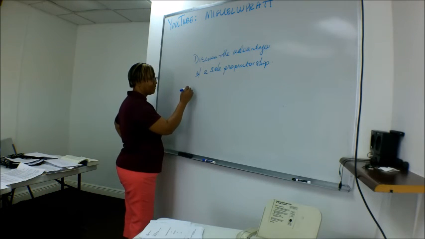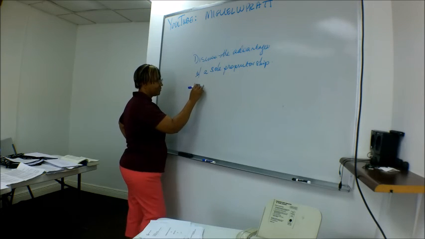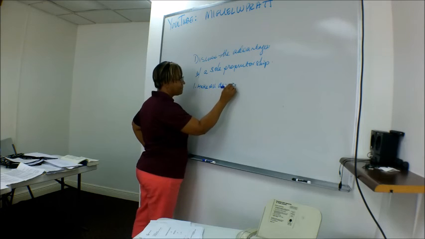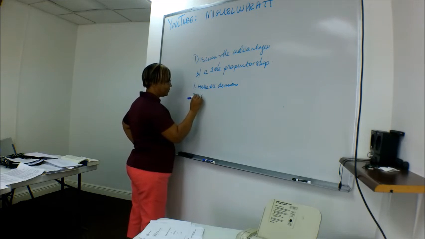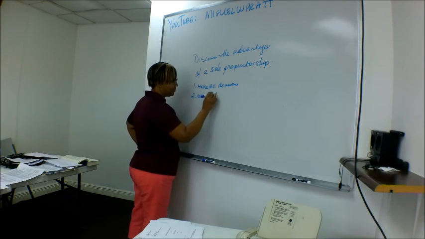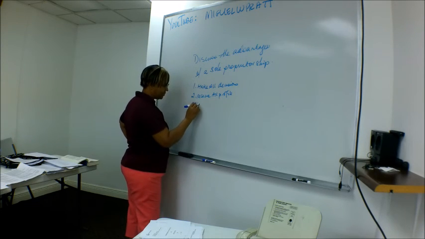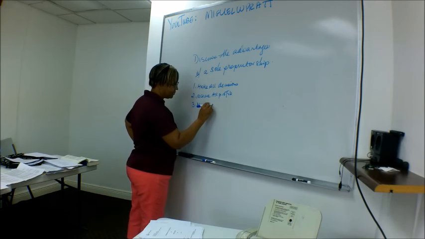The advantages: they make all the decisions, the sole proprietor makes all the decisions, receives all the profits, and minimal filings, that is business license fees, business license, VAT, and NIB.